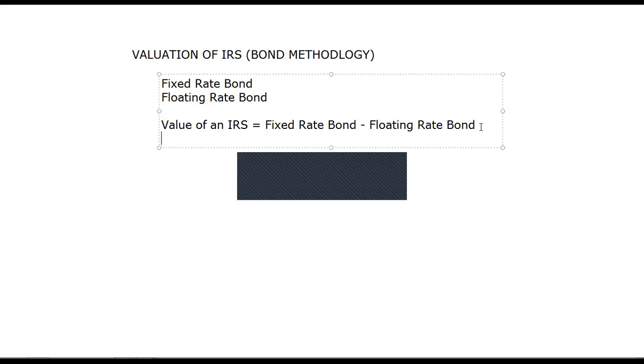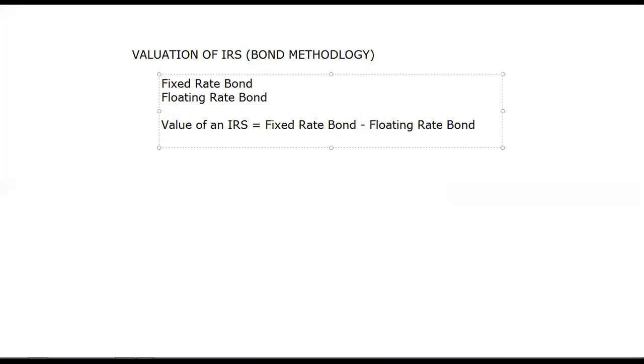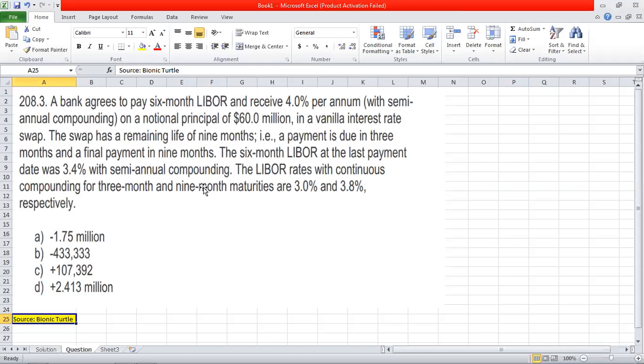As I had already mentioned, the example that I'm going to be talking about is from Bionic Turtle, and this is mainly for people pursuing FRM level 1. The question says that a bank agrees to pay 6-month LIBOR and receive 4% per annum with semi-annual compounding on a notional principal of 60 million in a vanilla interest rate swap.